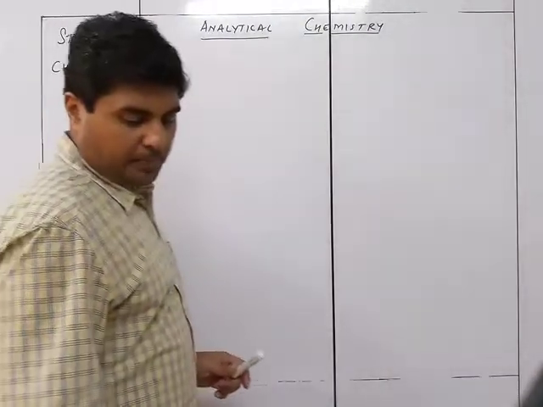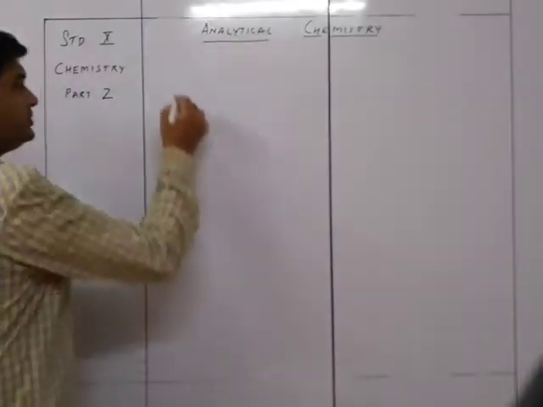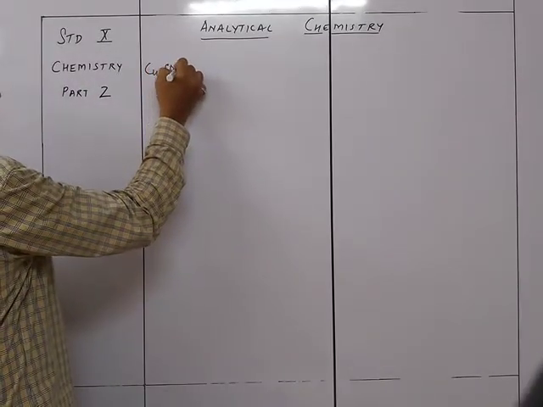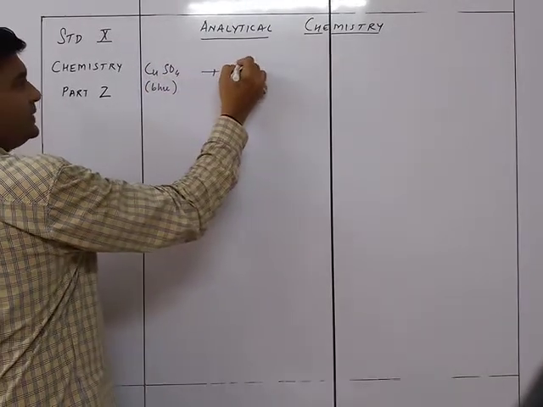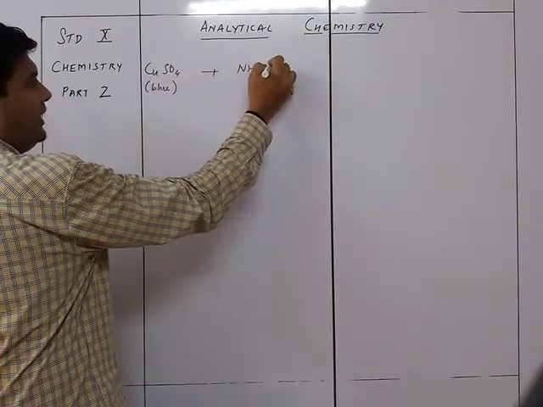Now comes copper. You're going to take CuSO4, which is again blue in color. This reacts with 2NH4OH.